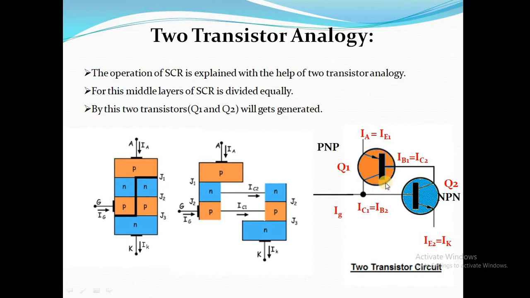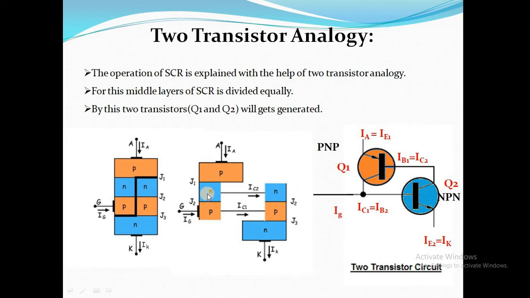So already we first studied the first transistor: this is the anode terminal or emitter terminal of the first transistor, this is the base terminal, and this is the collector terminal of the first transistor, but the collector terminal is the same as the gate terminal. So the collector terminal has a gate connection here.